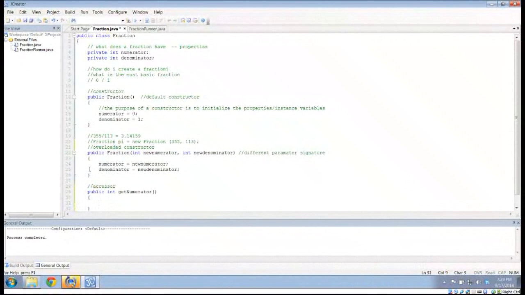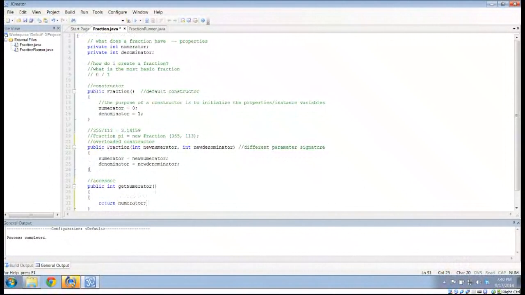It's one statement: I'm going to return numerator. Now, one of the things about Java is that it doesn't actually return the memory location. I'm not going to even tell you where my numerator is in memory. What I am going to do is give you a copy of its value.